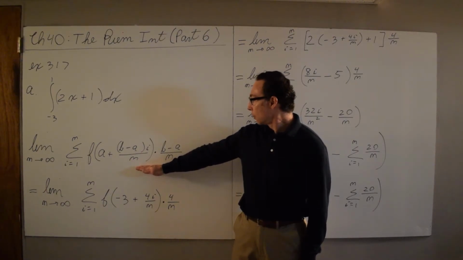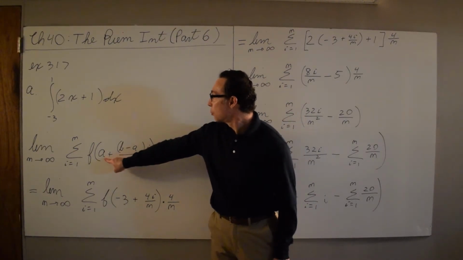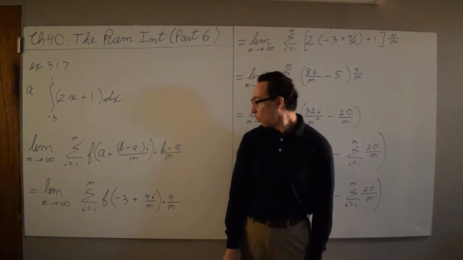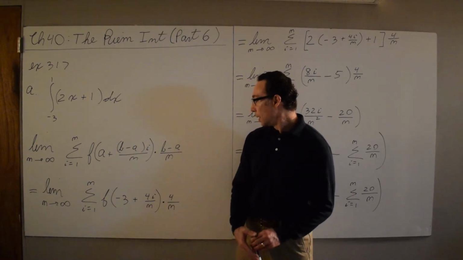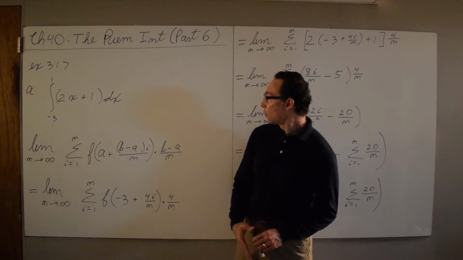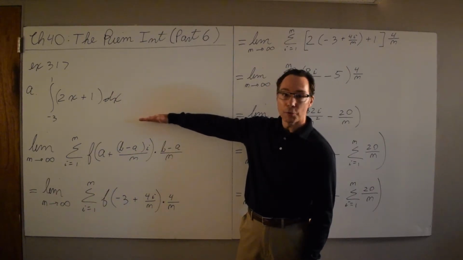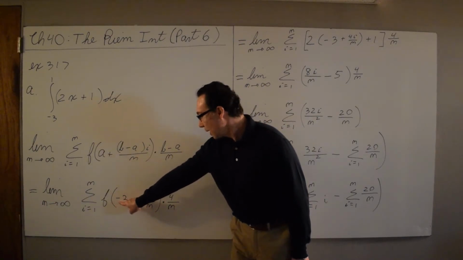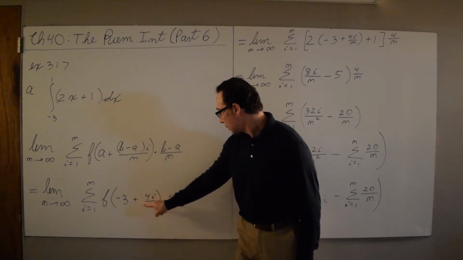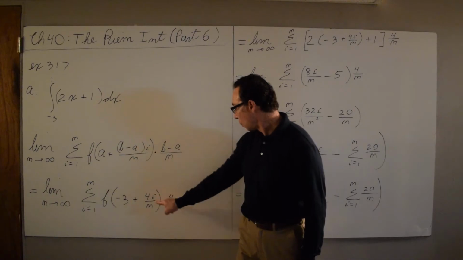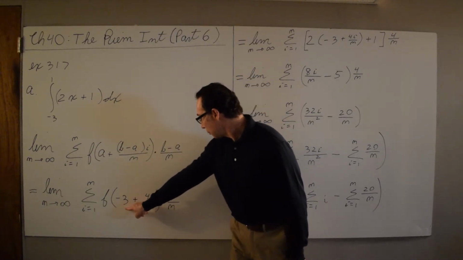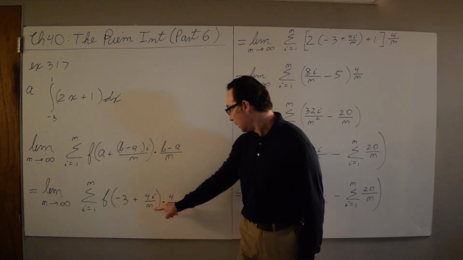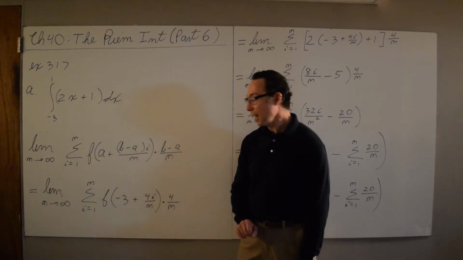In this particular example, a is -3 and b is equal to 1, so the length of our interval is 1 minus -3, which is 4. So we have f of -3 plus 4i over n, times 4 divided by n.